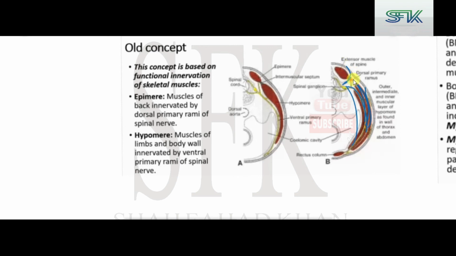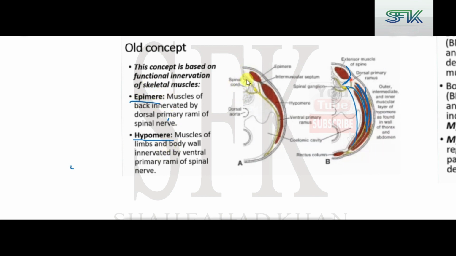The ventral primary rami innervate a certain number of muscles, and the dorsal primary rami innervate certain muscles. The muscles that are dorsal, for example the extensor muscles of the spine, are given the name epimere, whereas the muscles in front are given the name hypomere.